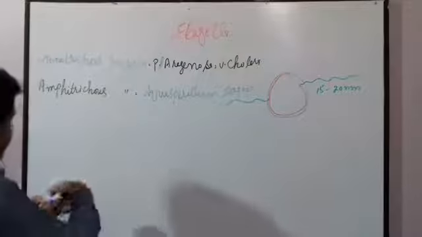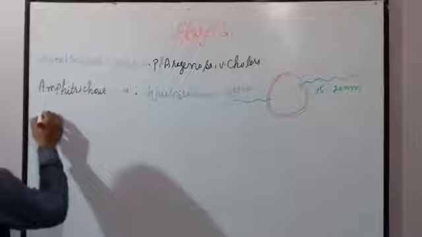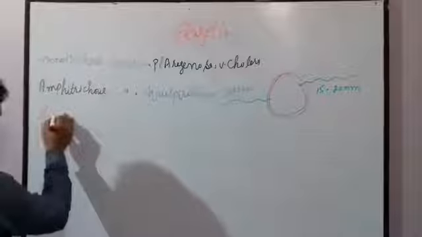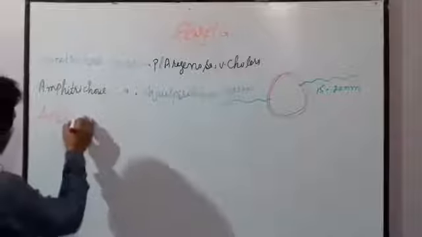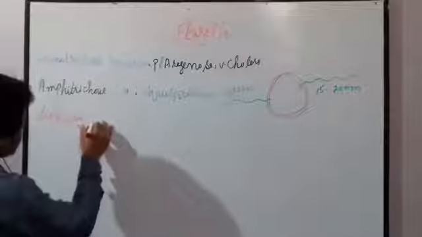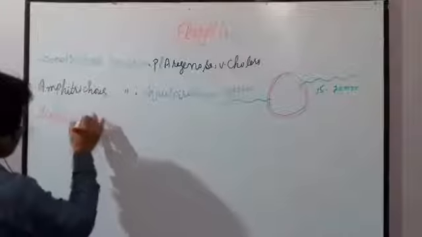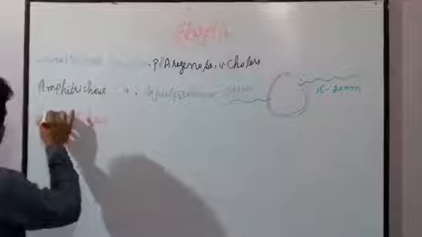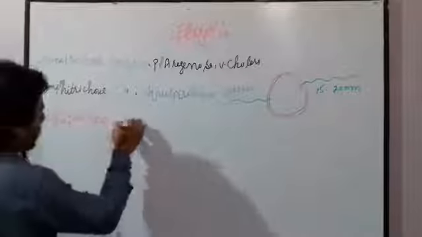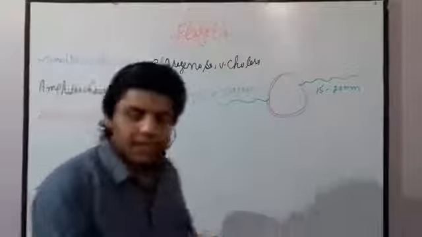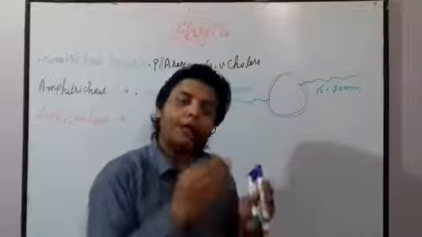Next we have lophotrichous bacteria. In this case, a bacterium has a tuft of flagella at one end.